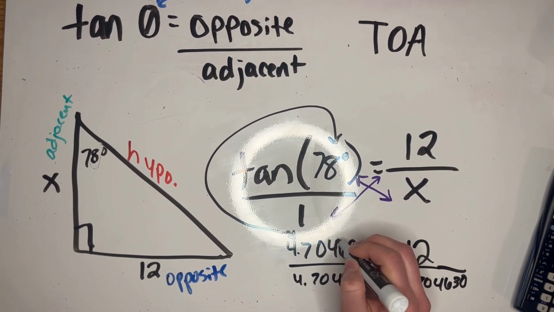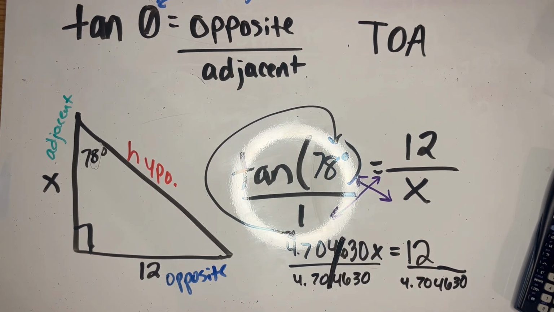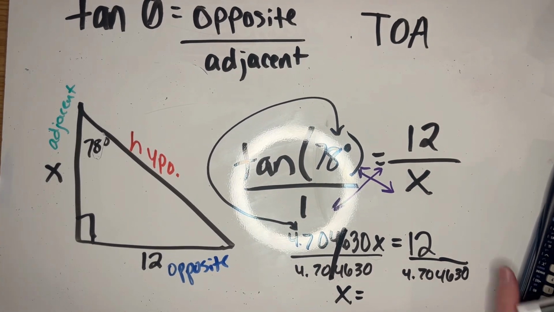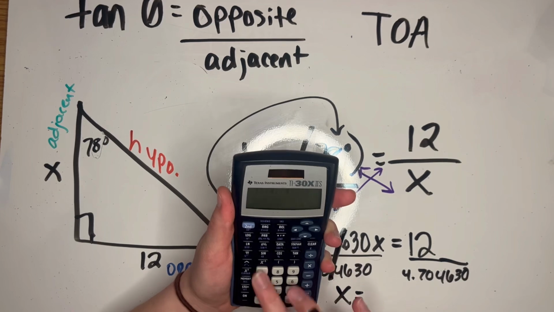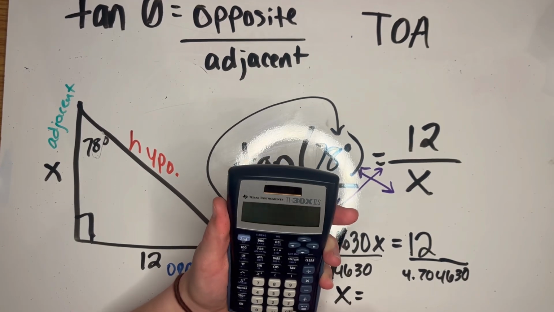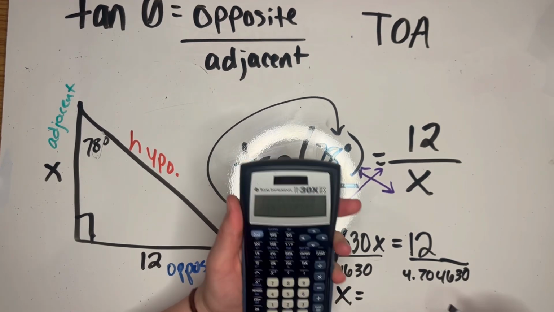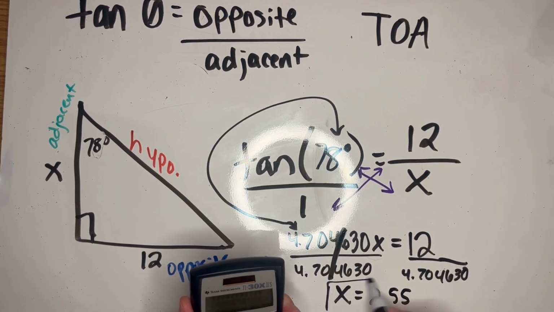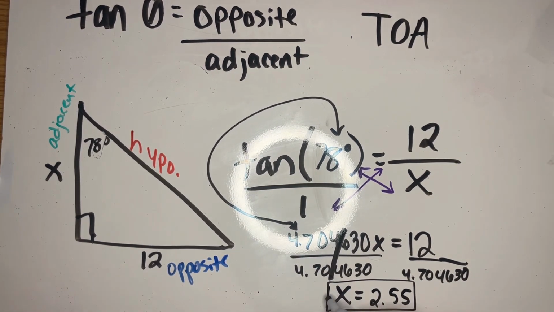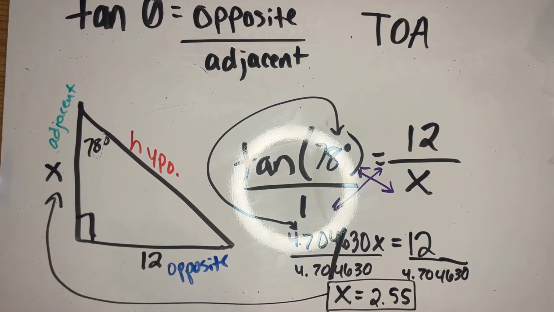So this creates our giant 1, essentially canceling it out. And we get x by itself. And then we divide 12 divided by 4.704630, and we get 2.55 as our final side length for right here.